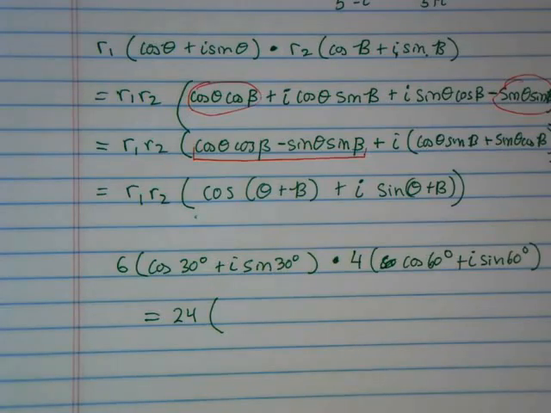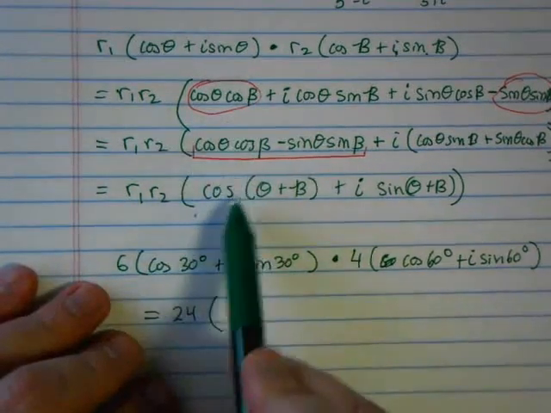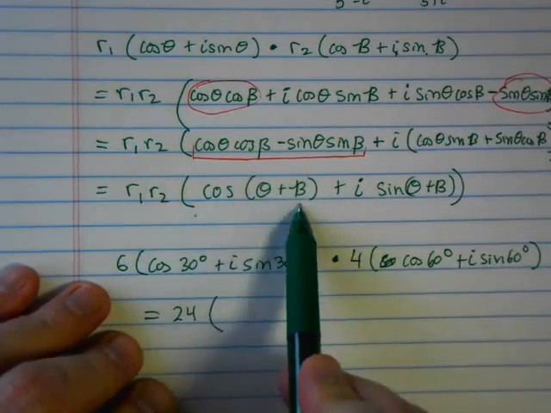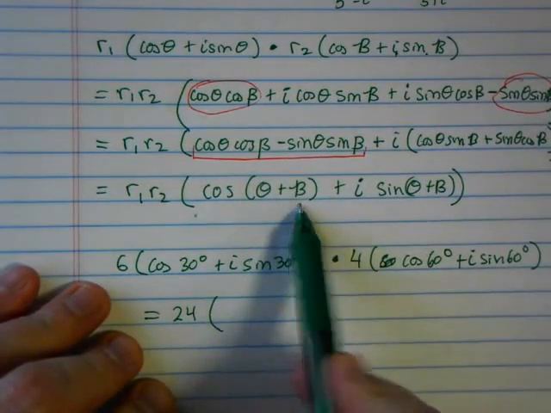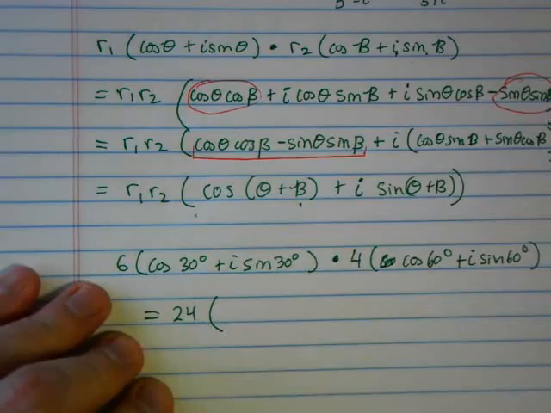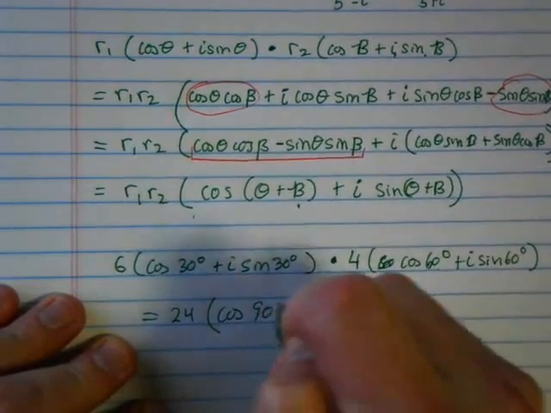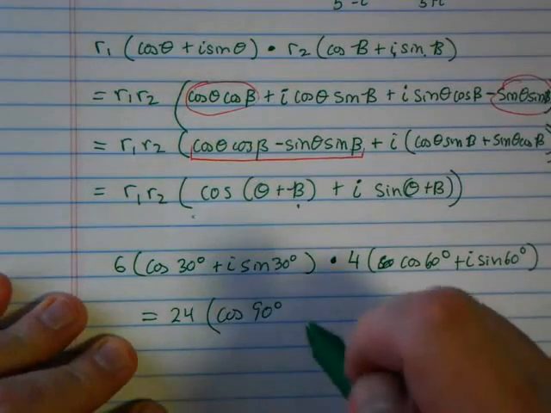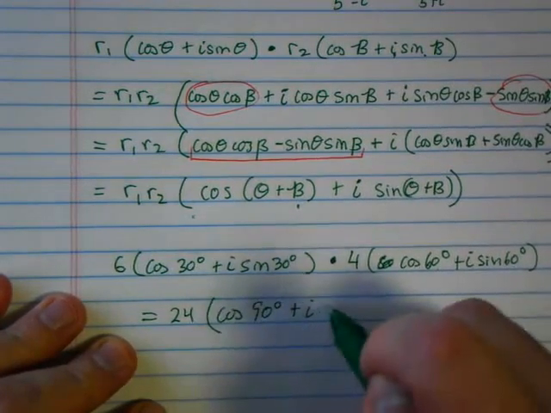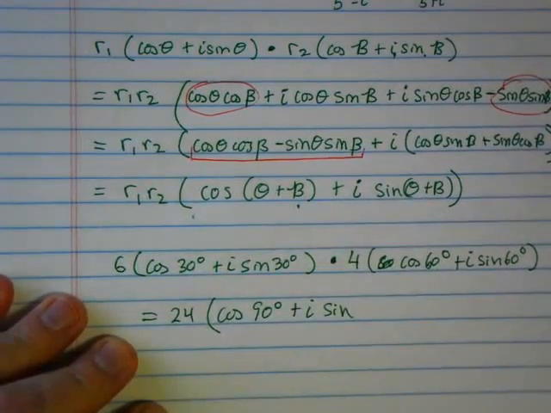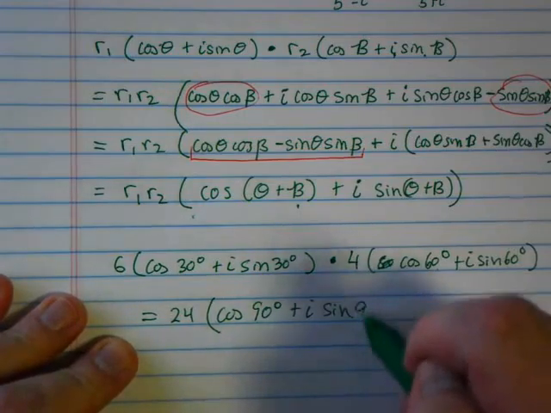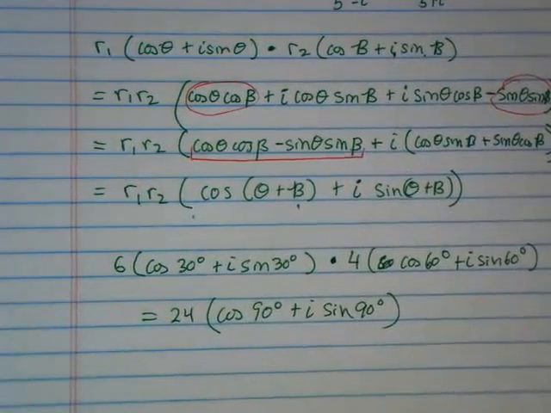This formula tells me add the two angles together. So I take 30 and I add 60. What's 30 plus 60? 90. So that's cosine 90 degrees plus i sine of 90 degrees.